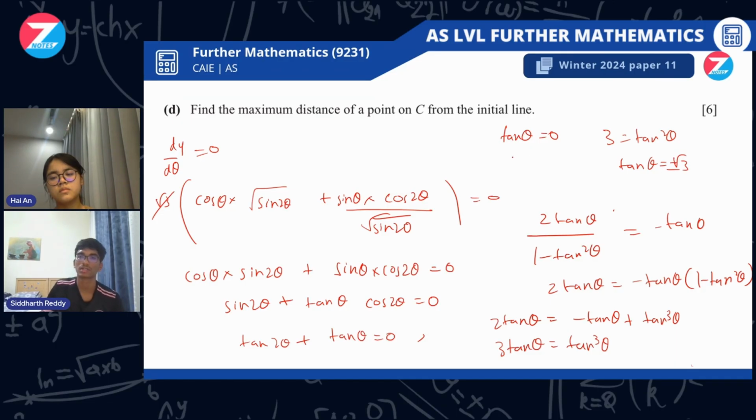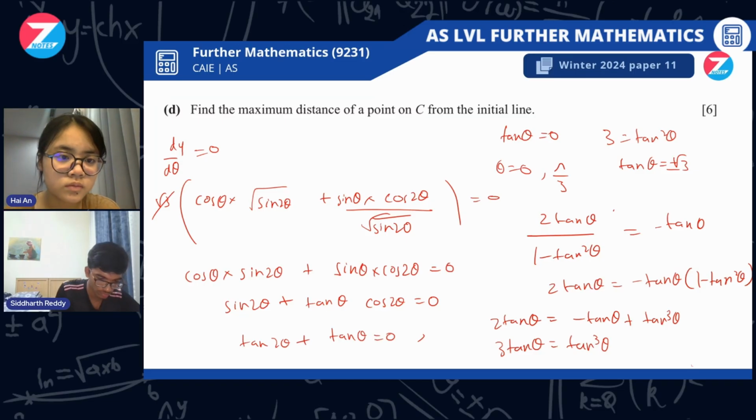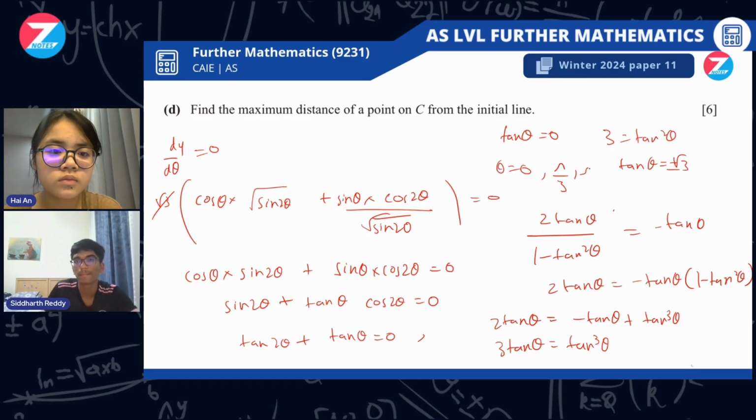So in the case that tan theta is equal to 0, we have theta is equal to 0. And in the other case, tan theta is equal to plus or minus root 3. So we can take tan inverse of root 3, so we get pi by 3 and minus pi by 3.